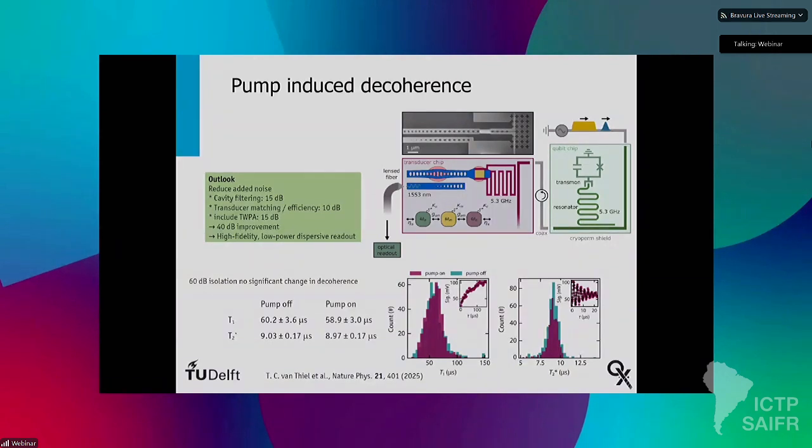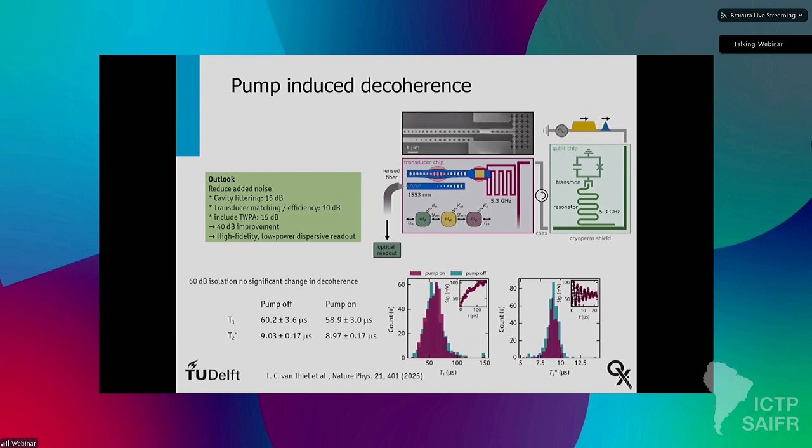So we think with this, we could get an improvement above 40 dB. So we should be able to do high fidelity, low power dispersive readout, single shot with this system. So this is promising. I think this is quite exciting. And I'll show you some numbers at the very end of how much this could actually improve the channel capacity for typical superconducting qubit processors.